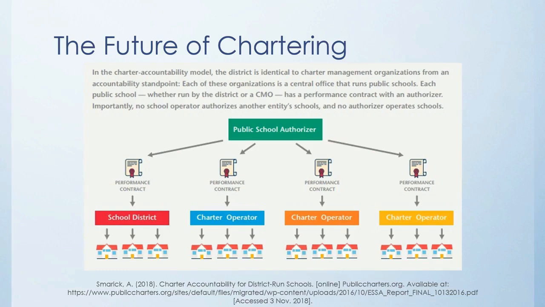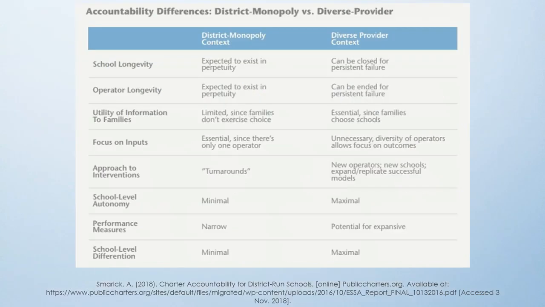This would require every school and operator to be a function of its performance. Smerrick also points out, if all schools operate under charter accountability, the removal of operational rules frees professionals to continuously innovate, problem solve, and course correct, which fuels their sense of agency. When families exercise the ability of choice instead of district assignment, it empowers the community and challenges the district monopoly.